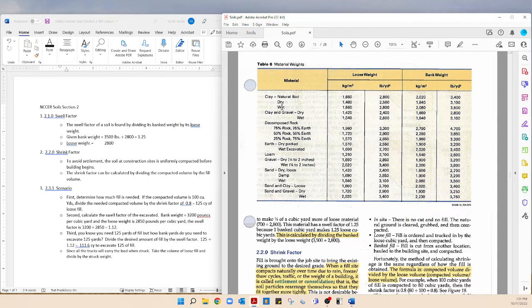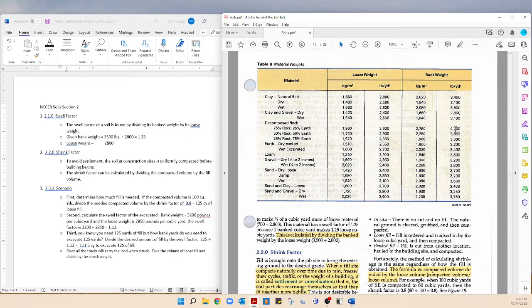You take wet clay and look at its weight. Loose, it's 1660, but it's quite heavy when it's in bank state. And look at rock. Look at that, 75% rock in its bank state weighs 4,700 pounds.